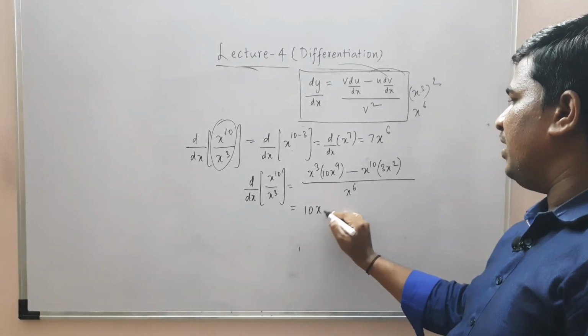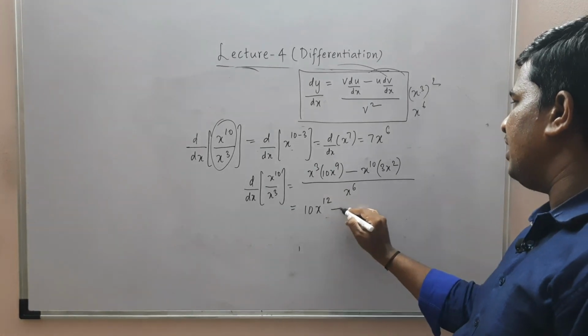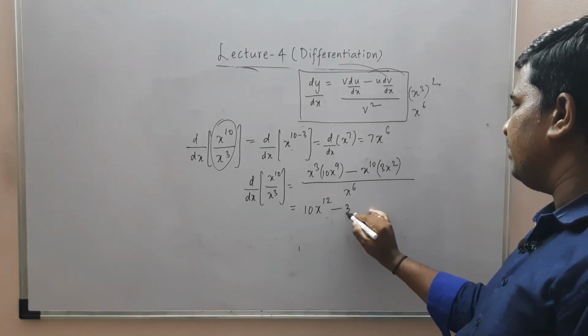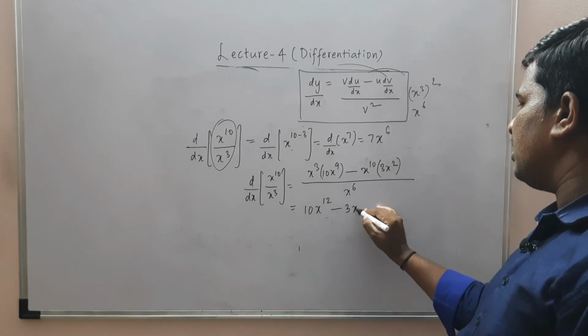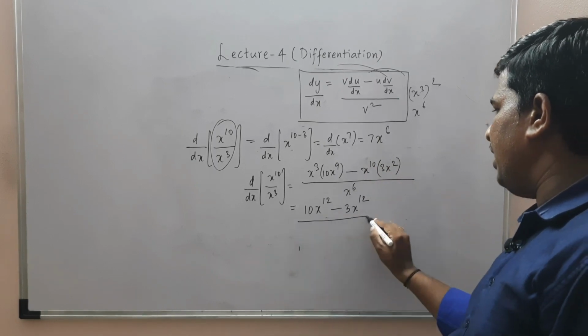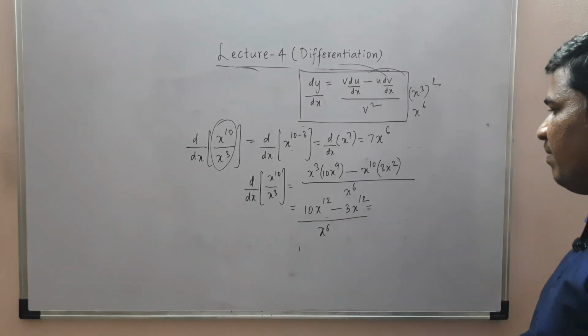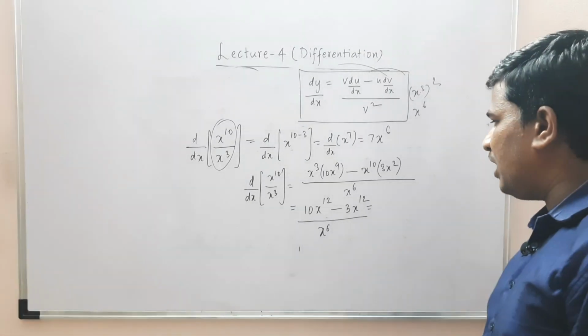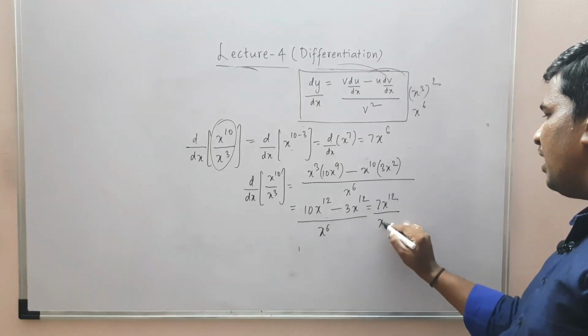So what do you get here? 10x power 3 into x power 9, x power 12, minus 3 into, this is 10 into x power 10 x power 2, so this is also x power 12, by x power 6. So what do you get? 10x power 12 minus 3x power 12, 7x power 12 by x power 6.